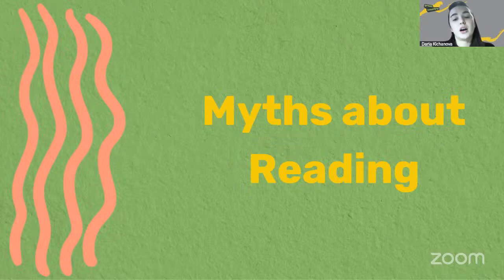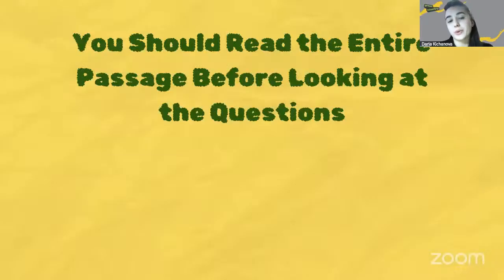Okay, I will start with the first one. And the first one is that you should read the entire text before looking at the questions. Sometimes students, and maybe me as a teacher sometimes also, make this mistake and read the entire text before checking what I need in this text.